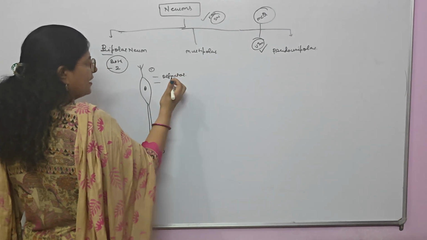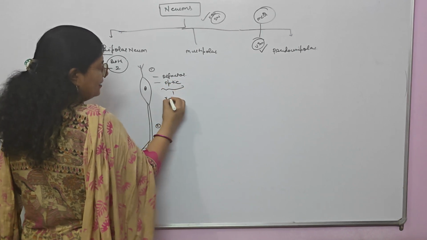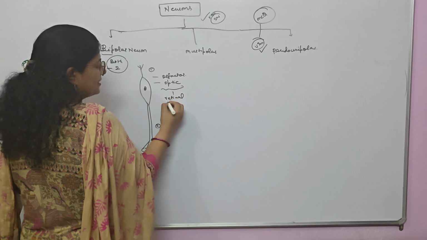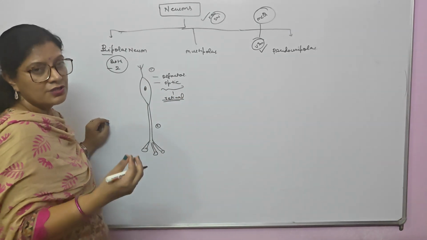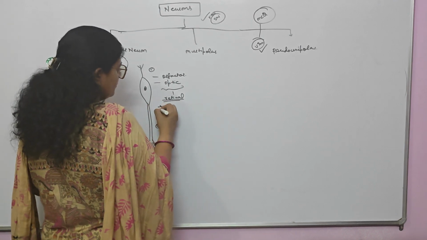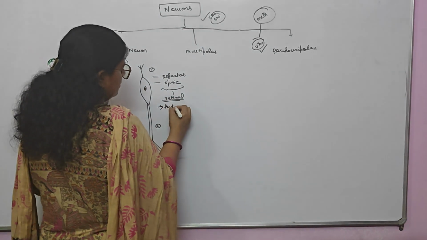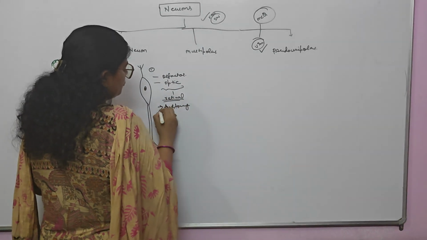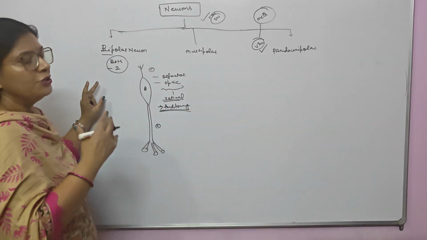In the optic system it's mostly the retinal cells, because these are mostly concerned with our vision. So that is the retinal. And we have auditory. So neurons in these belong to the bipolar neurons.